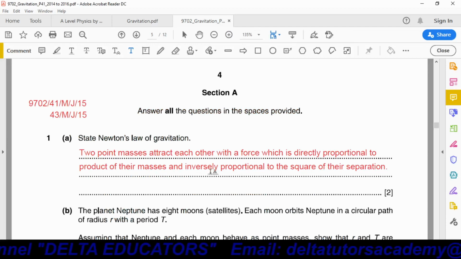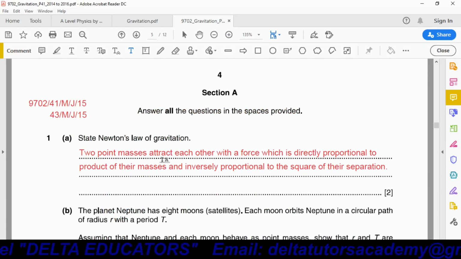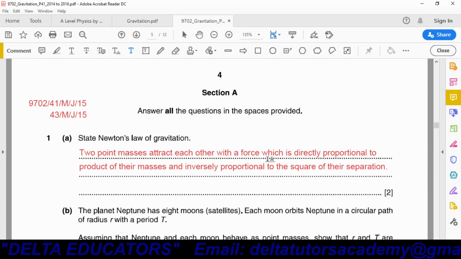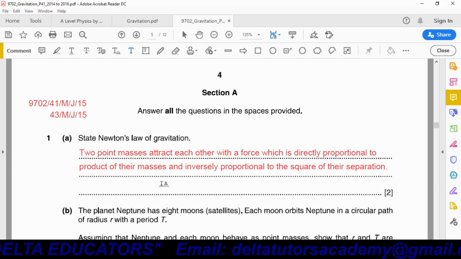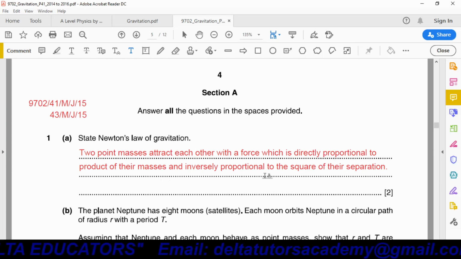The same thing is written here: 2 point masses attract each other with a force which is directly proportional to the product of their masses and inversely proportional to the square of their separation.